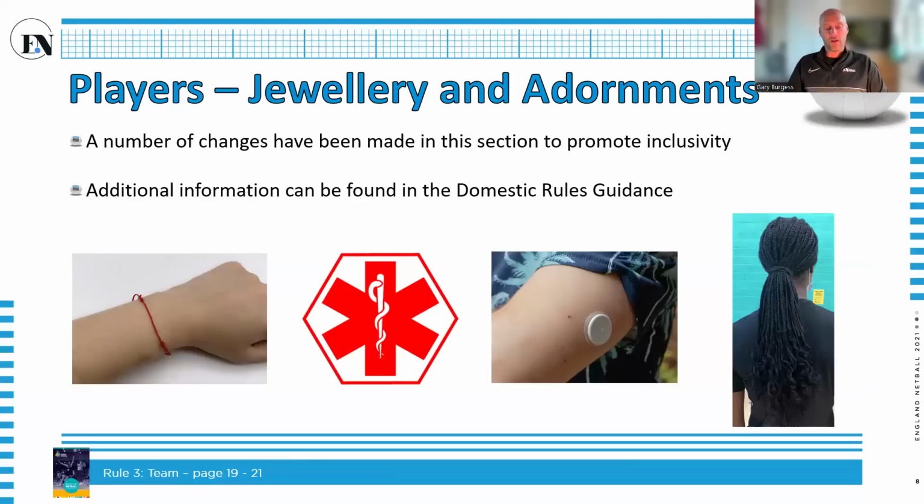However, within the Afro-Caribbean community, there is an item called a bonnet that can be used, which often can scoop up braided hair, it's effectively like a hat bag, and keep all of that stuff secure so that the player can still continue to play netball. Now, that's covered in depth within the domestic guidance to give you an idea of what to expect.